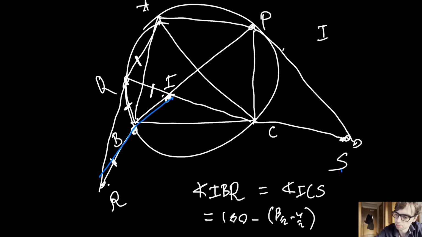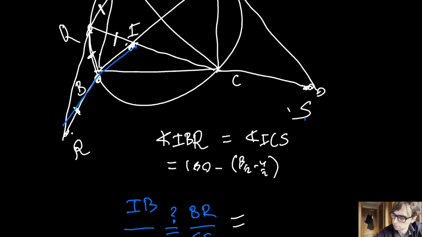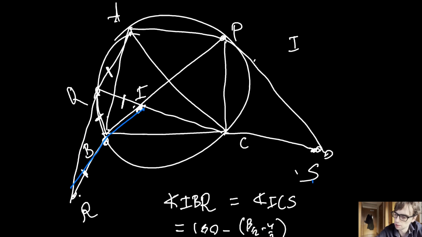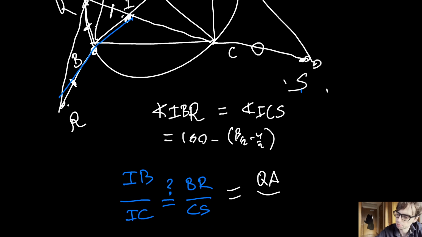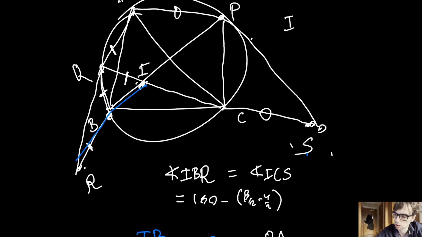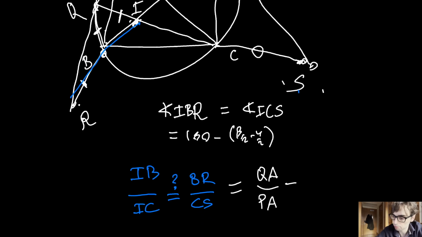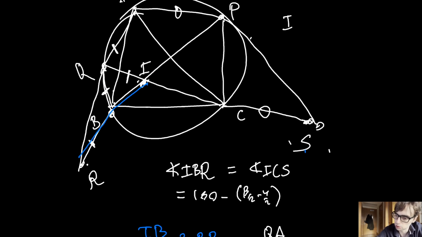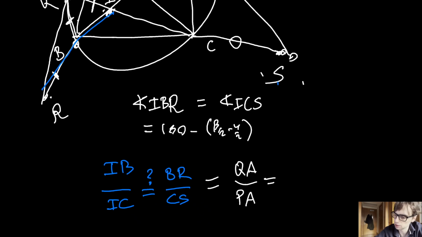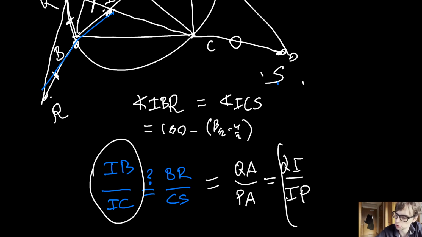BR is the same as QA, and CS is the same as AP. So QA over PA. Okay, this is more reasonable. We also know that these all are the same. This is also the same as QI over IP. And now the question is, is IB over IC the same as QI over IP?